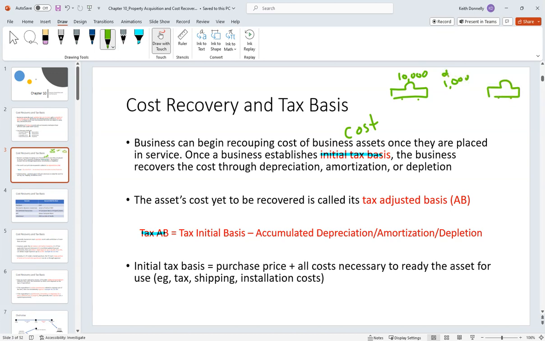Accordingly, your adjusted basis at the end of year one will be your cost, $10,000, minus the accumulated depreciation. Your adjusted basis is $9,000. So that's the difference if you see those words: initial basis, generally what you paid; adjusted basis, generally what you paid minus your accumulated depreciation.